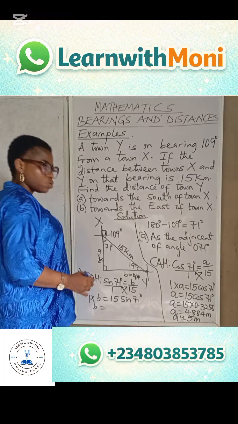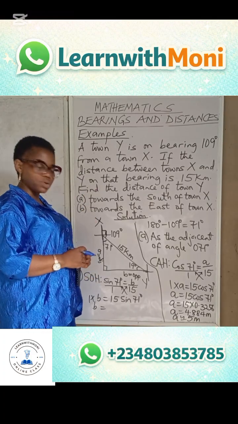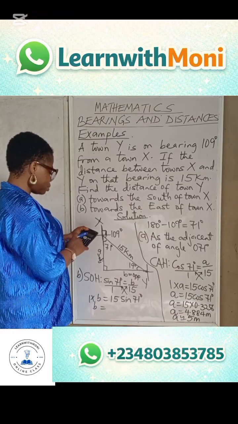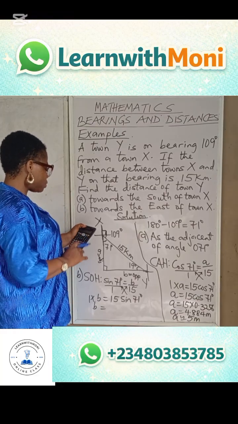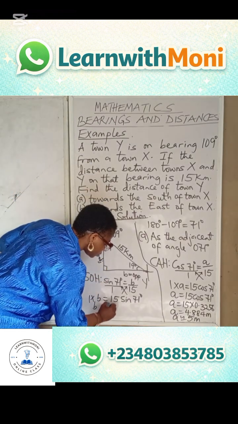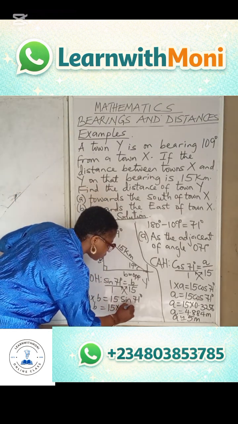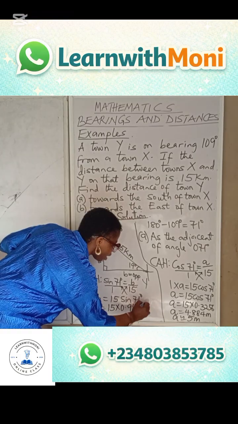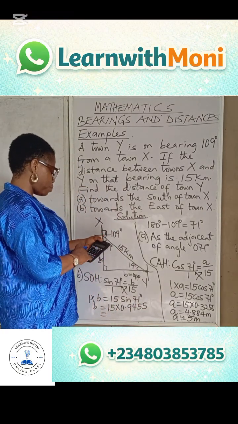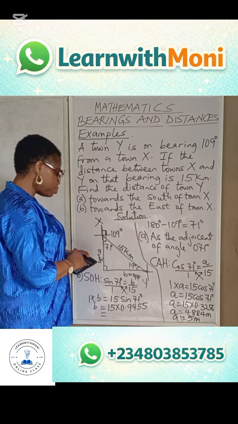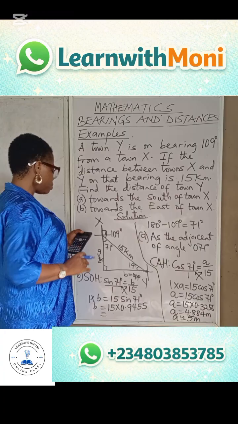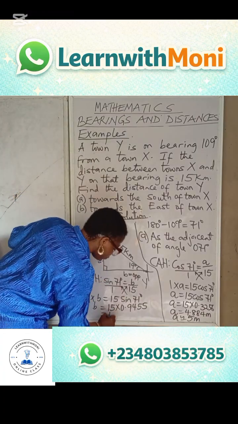Therefore, B equals, whether you are using a scientific calculator or your trigonometric table, you're going to get sine 71 as 0.9455. This is 15 times 0.9455. By the time we simplify that, I get 14.1825.